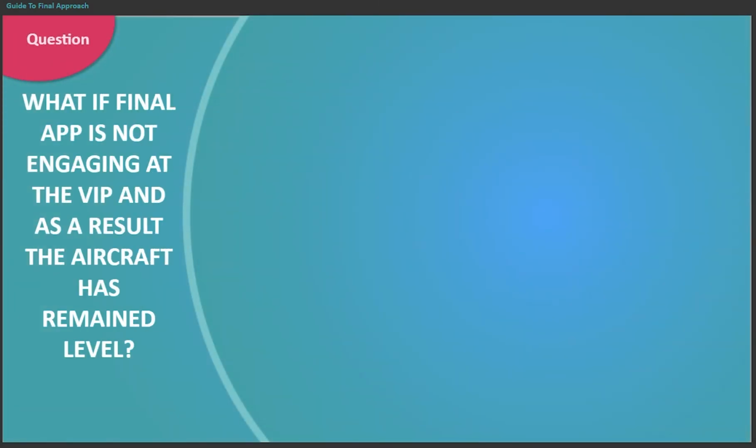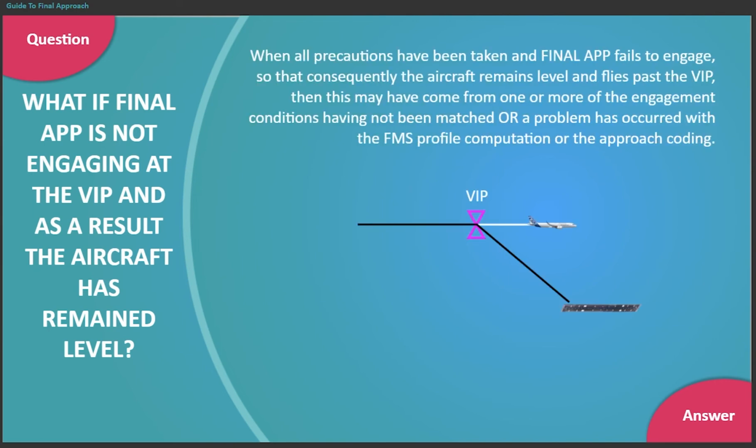What if final APP is not engaging at the VIP and as a result the aircraft has remained level? When all precautions have been taken and final APP fails to engage, so that consequently the aircraft remains level and flies past the VIP, then this may have come from one or more of the engagement conditions having not been matched, or a problem has occurred with the FMS profile computation or the approach coding.